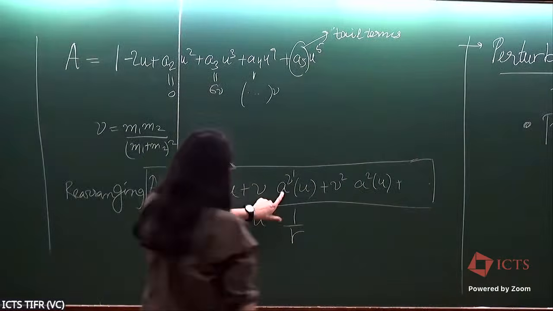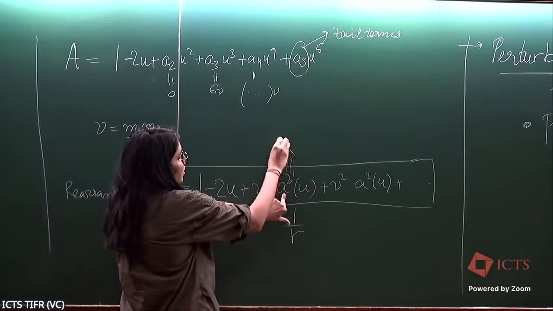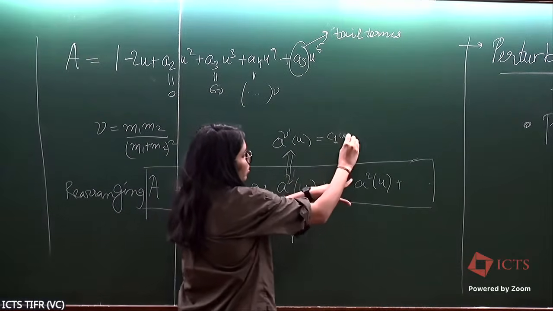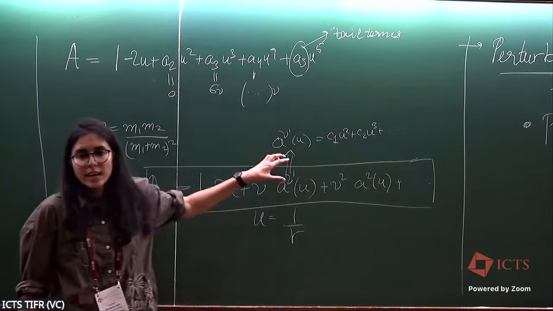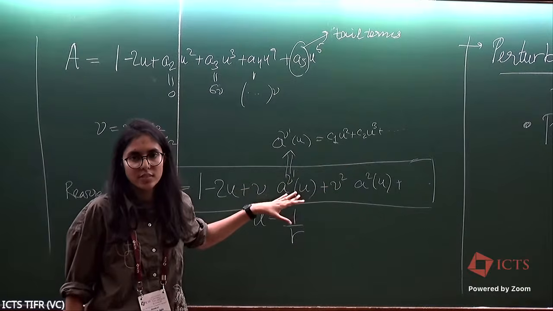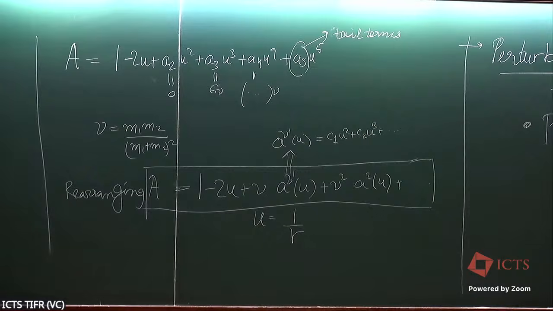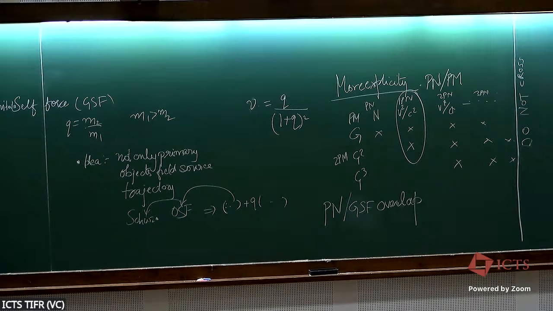So we are saying that this a nu 1, which let's say is a full GSF computation coming for us, is some coefficient u square plus. And that's what the PN expansion of GSF is. And that should be able to capture the PN results. So the idea is to use all these post-Newtonian, post-Minkowskian, GSF, and all the things that are available to us from the perturbative side, along with the numerical relativity results.